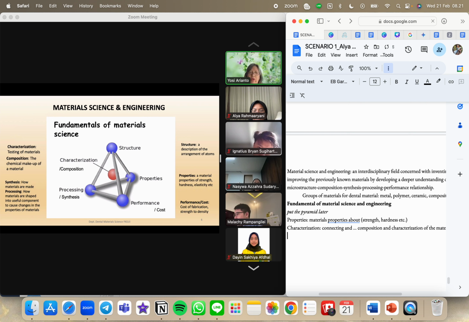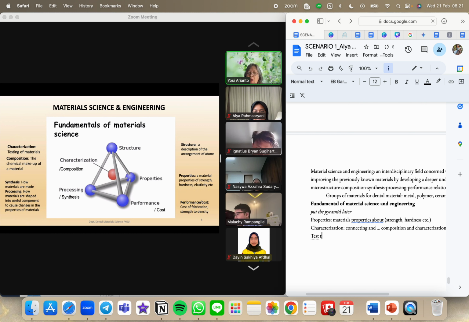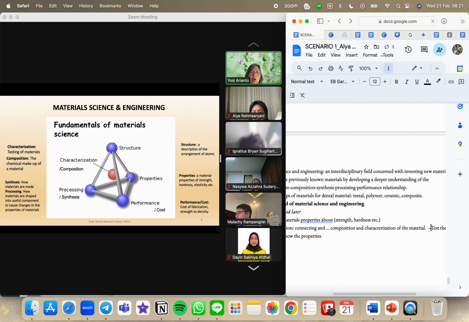Yeah, how is their strength, how is their hardness, and etc. Yeah, and the composition, it also involves the composition of a material. Maybe they will have some chemical reaction or physical or mechanical reactions to make up our materials.